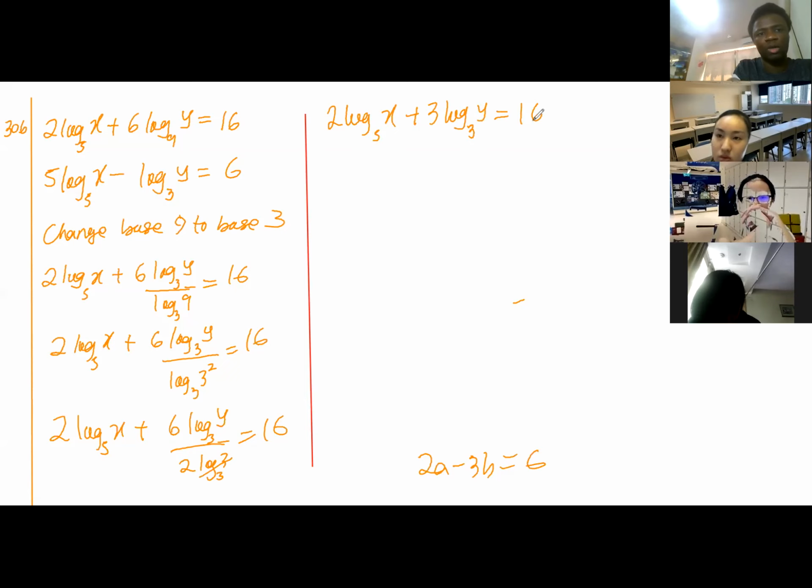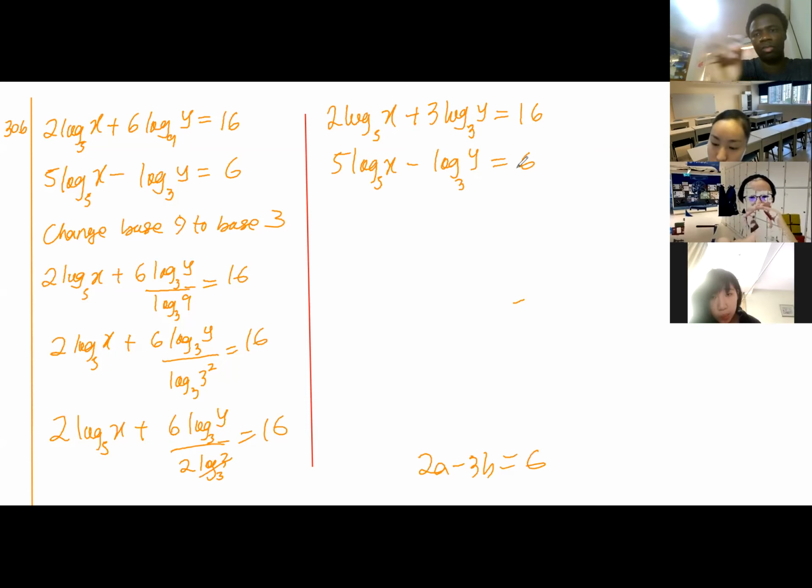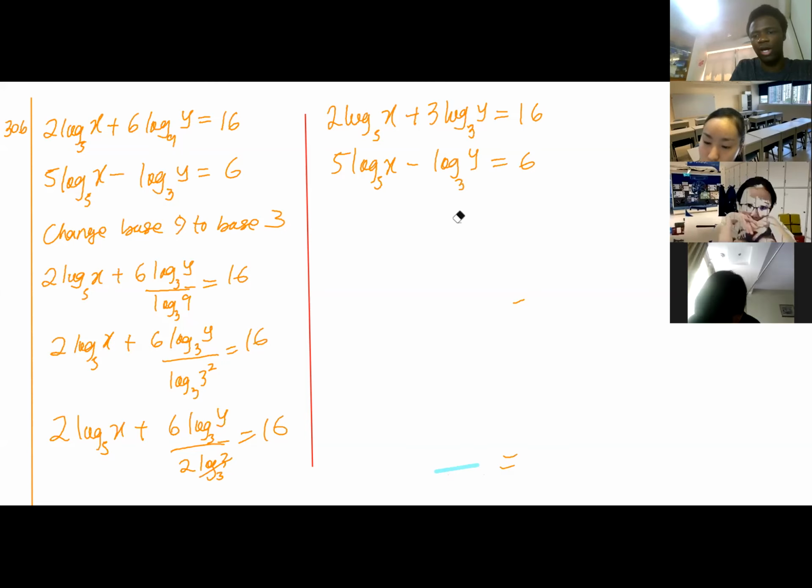So now equation 1 looks better. And joining with equation 2, you see that? So this is exactly what you must always try to achieve. So when you get to this point, the rest is what I just told you in the other one.